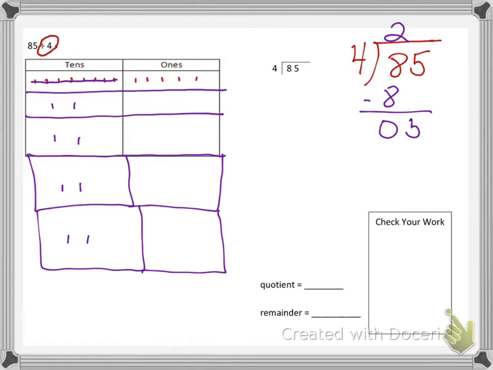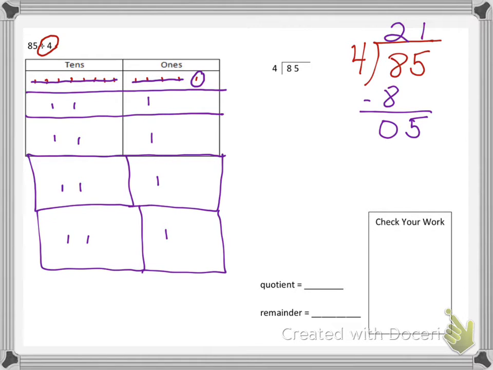So now we need to go to the ones, which is the 5 in there. And we're going to split that up in 4 equal groups. 1, 2, 3, 4. Oh, so we've got 1 left over. That's not going to be able to be in a group. So we used up 4 ones, and there's 1 in each of these groups.